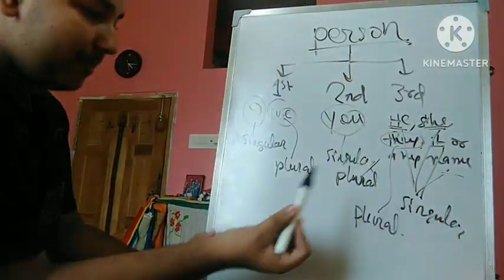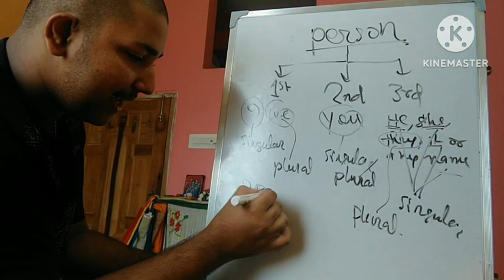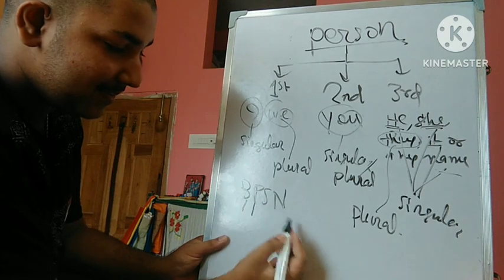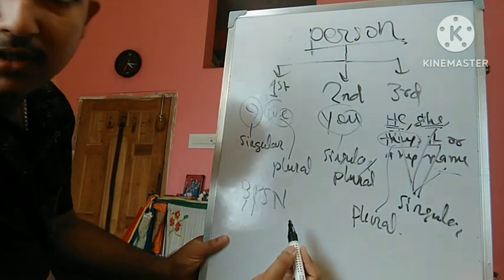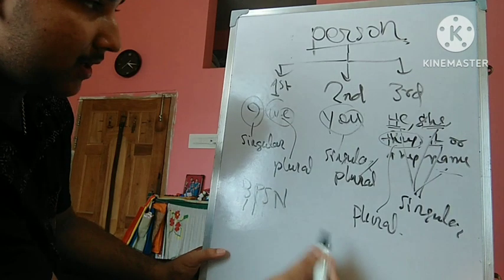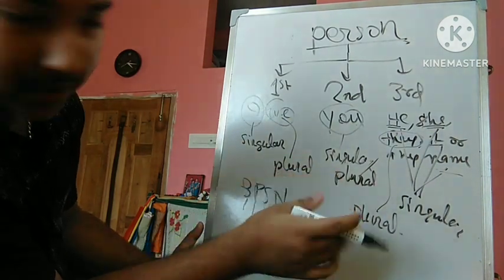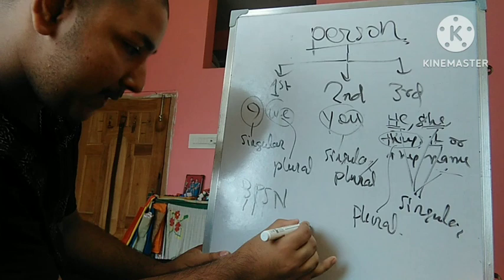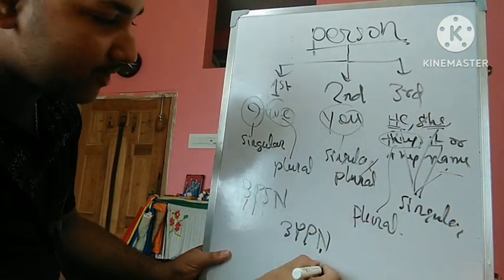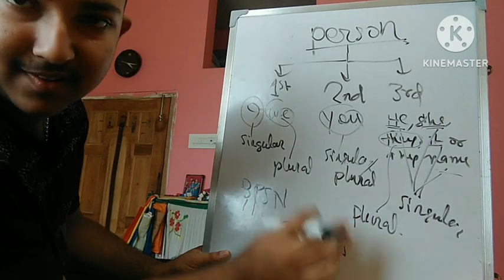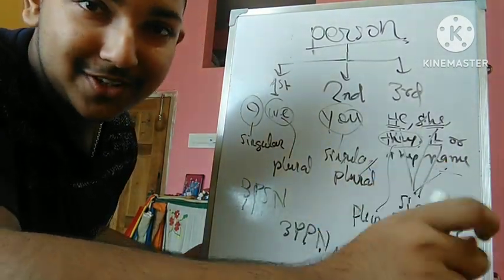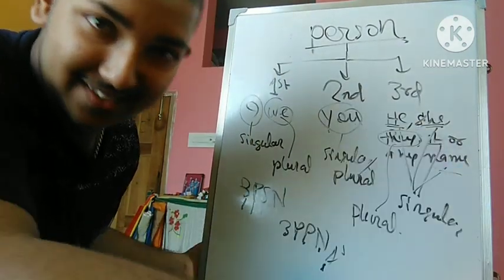Whenever I write 3PSN, that means third person singular number. 3PSN, third person singular number, I will be using this shortcut. And 3PPN means third person plural number. I will be using that. And first means first person. Okay, so now let's jump into the most important part of this video, that is the formulas of tenses.